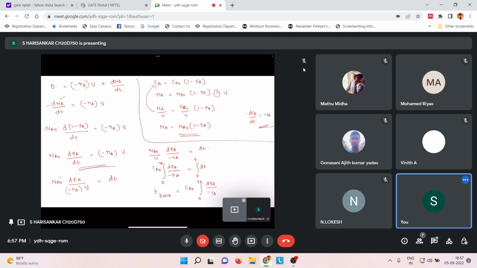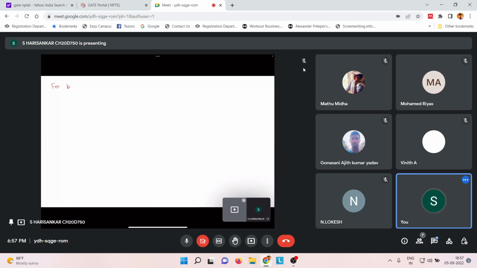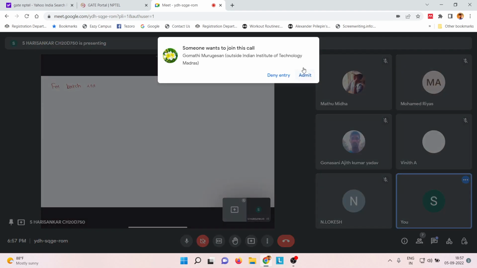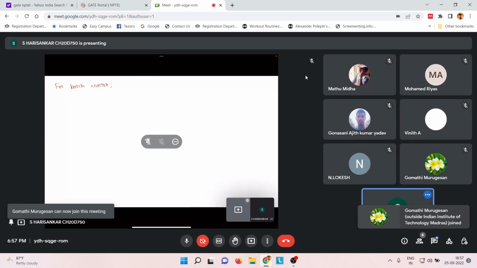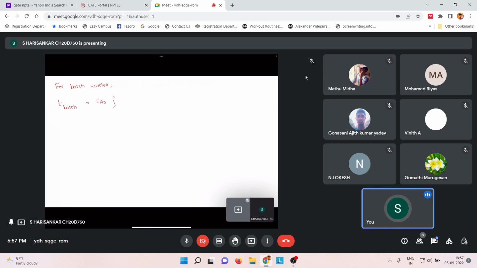So this is the general design equation for a batch reactor. Let us write this again. For a batch reactor, t batch is equal to Ca0 into the integral of 0 to Xa dXa by minus Ra.